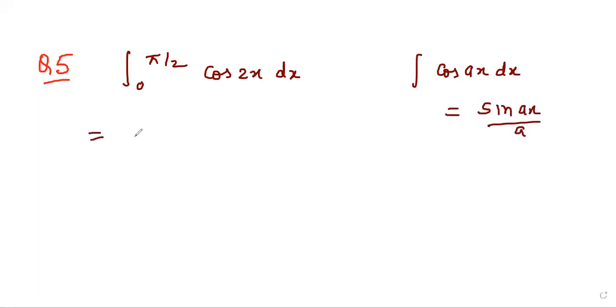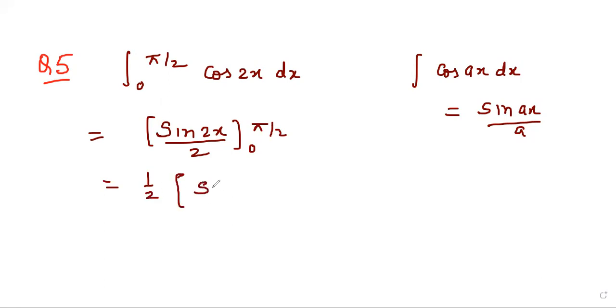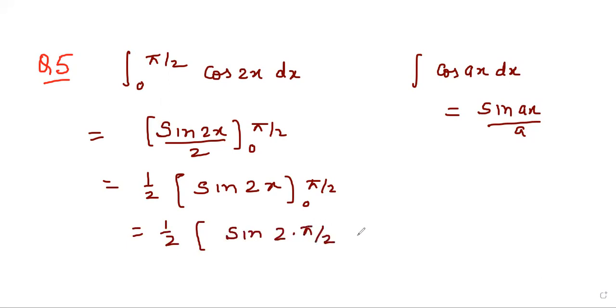So this will become sine 2x divided by 2 limits 0 to pi by 2, which can be written as 1 by 2 sine 2x limits 0 to pi by 2, which will be equal to 1 by 2 sine 2 times pi by 2 minus sine 0.